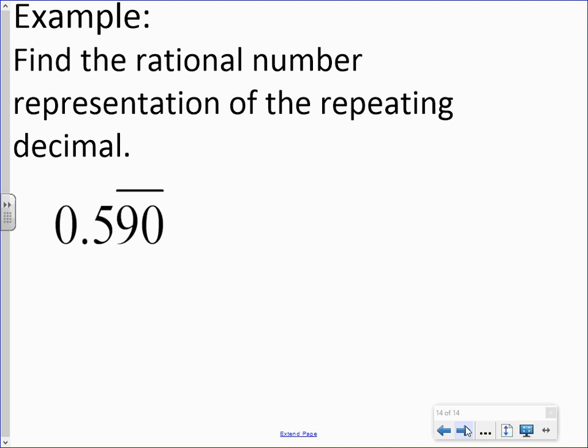Okay, so here we have 0.5, but then blah, blah, blah, right? So let's go ahead and write this as 0.5, because we know what that is, plus 0.090909 repeating, right?